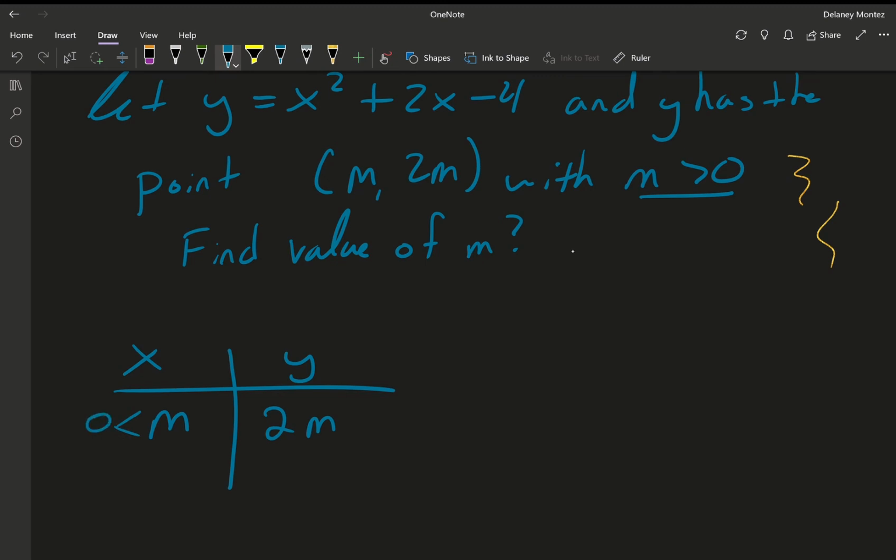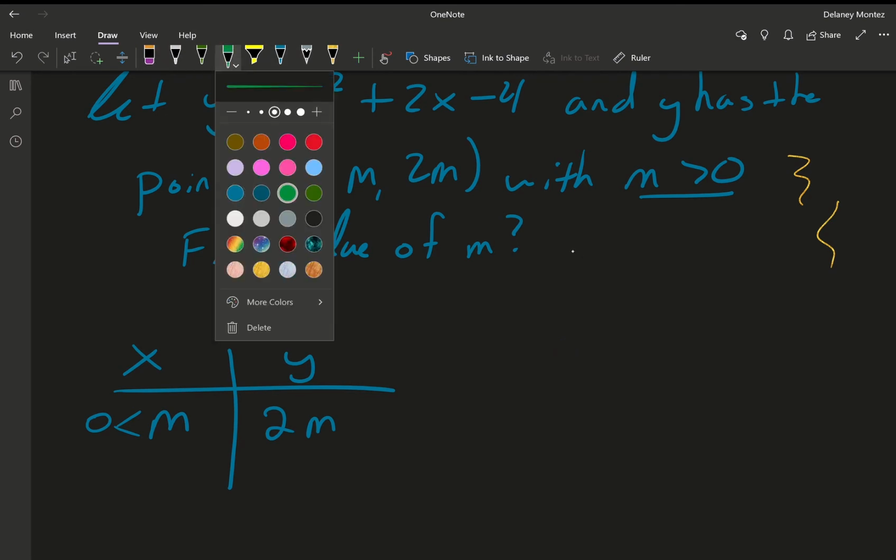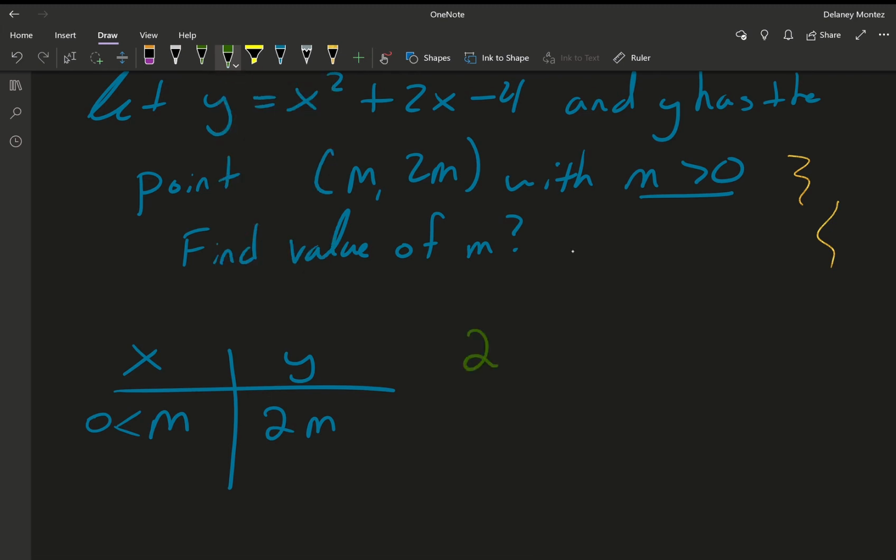So let's just plug in what we have. So we have 2m for y equals m squared plus 2m minus 4, because I'm just plugging in these m's for x. These are my x, and this is my y.